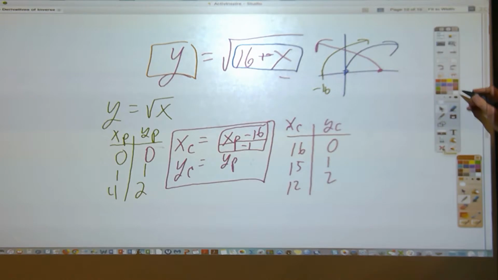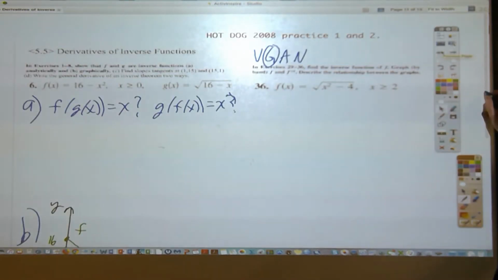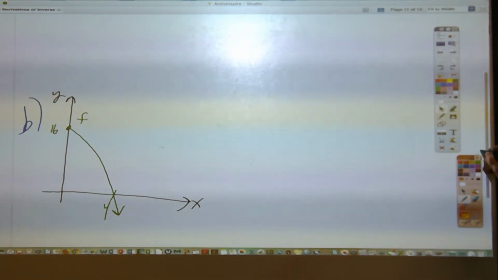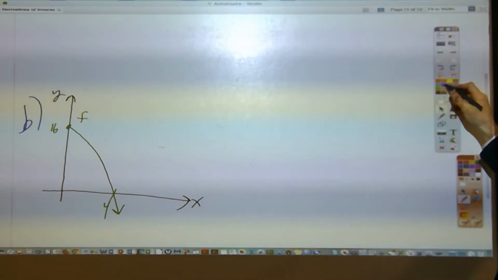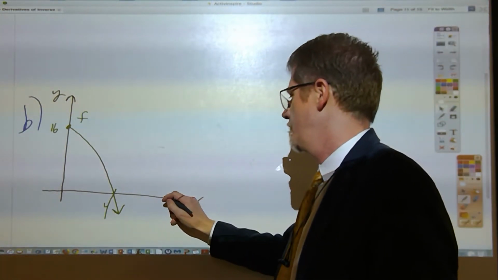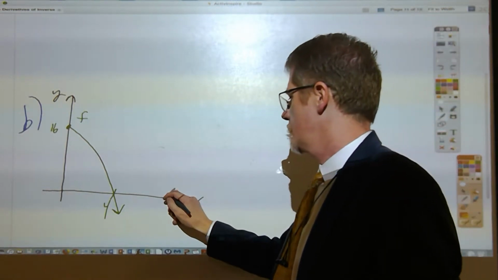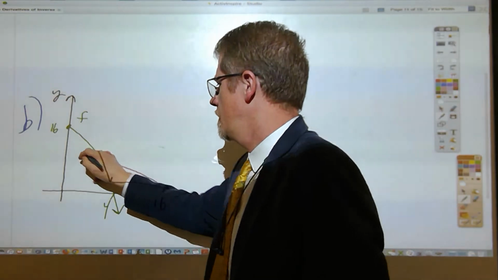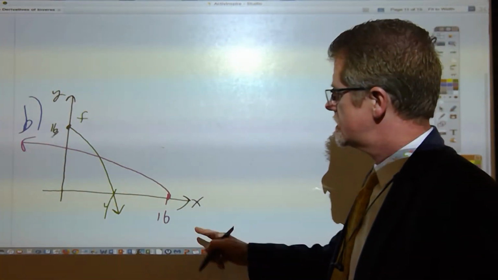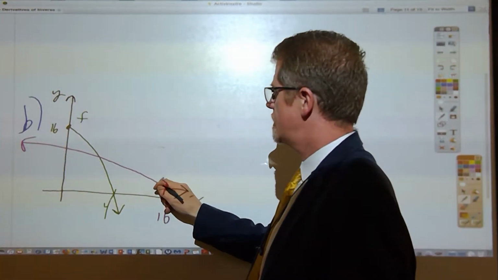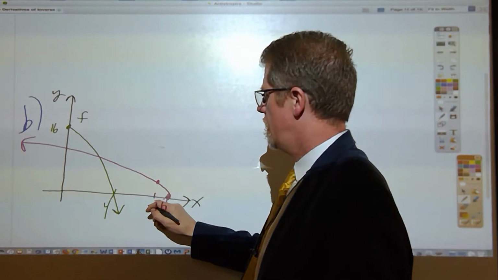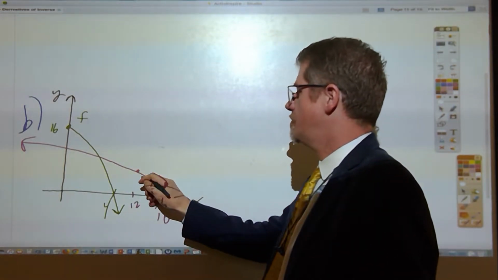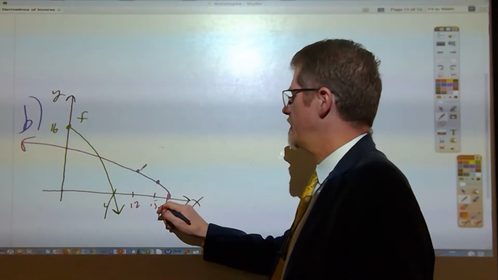Either way you look at it, when you sketch the graph of the square root of 16 minus x, you end up with a graph that has an endpoint at 16 and goes off like that. It has (16, 0), (15, 1), and (12, 2), which are the coordinates of the 3 points that we just calculated thanks to Matt's formula.